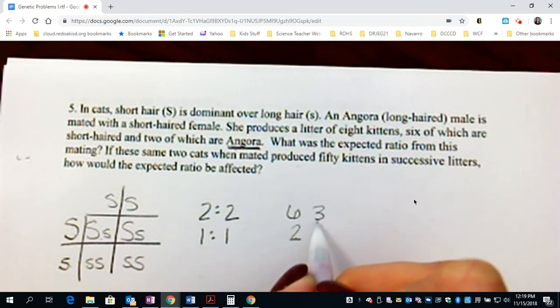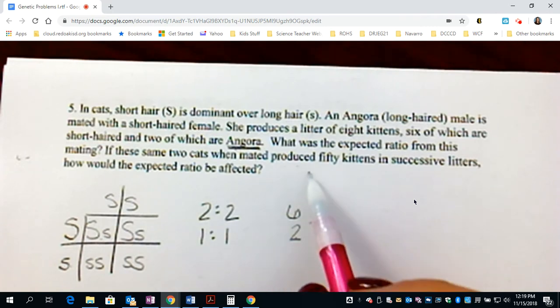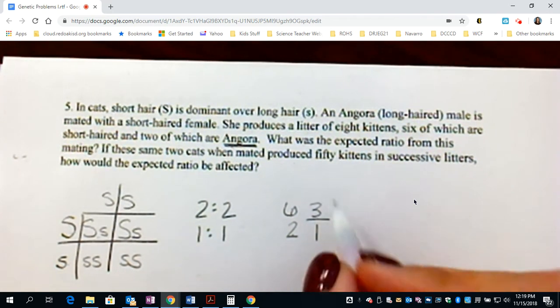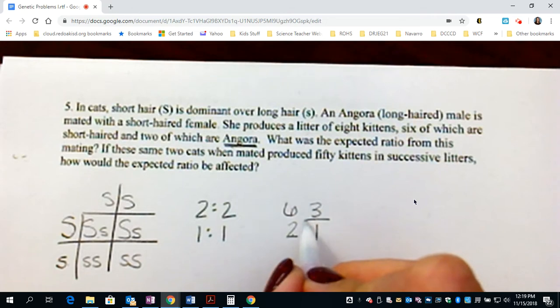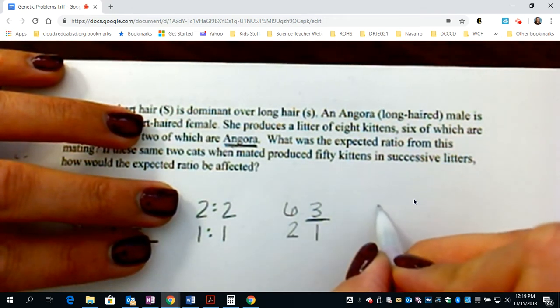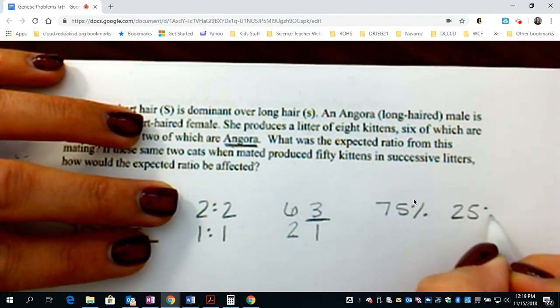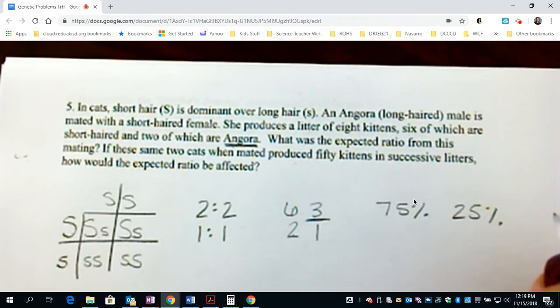That's a 3-to-1. So I would say that the successive ratio would begin to increase. Like it wouldn't be 50-50. We would see more of a 75-25 split the more babies that she had.